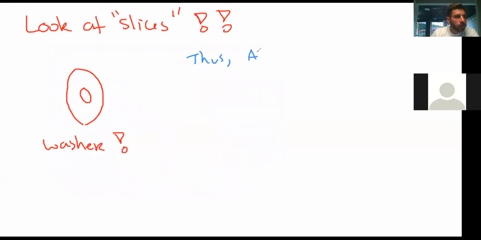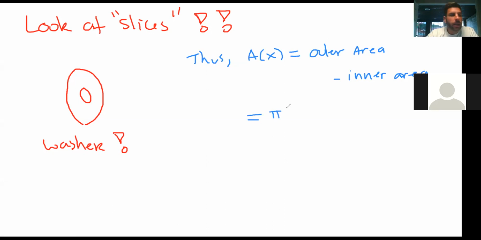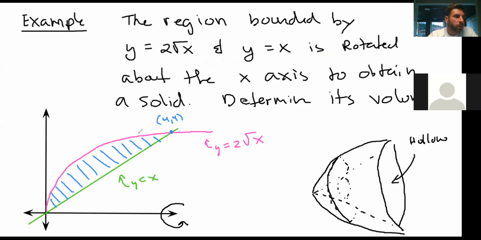So here, A(x) is the outer area minus the inner area. So in this particular problem, that means it's going to be pi times, well, what was the outer radius? The outer radius, if you go back, is given by the square root function.